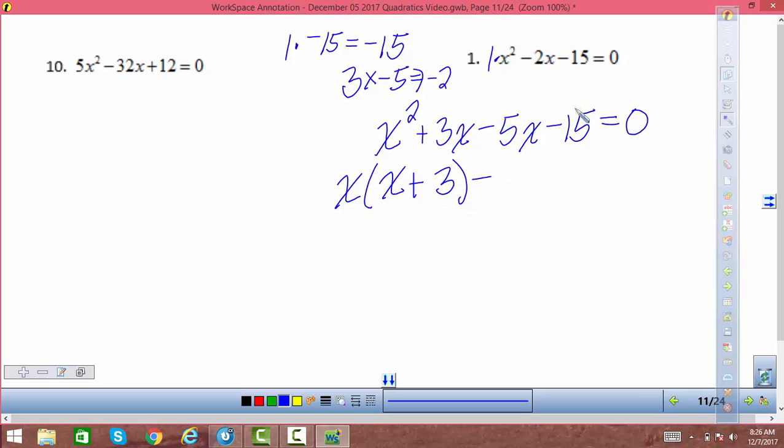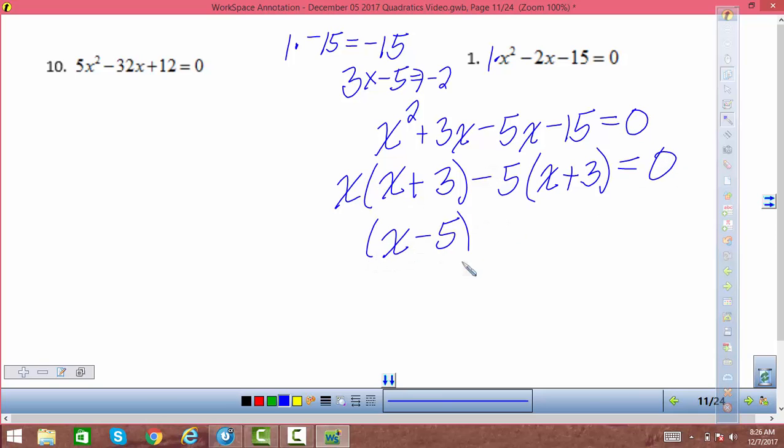Here I'm going to factor out a negative 5. So negative 5 times x, and if I divide negative 15 by negative 5, I get positive 3. So I get x minus 5 times x plus 3 all equals 0. And we know that that'll give us x equals 5 or x equals negative 3.